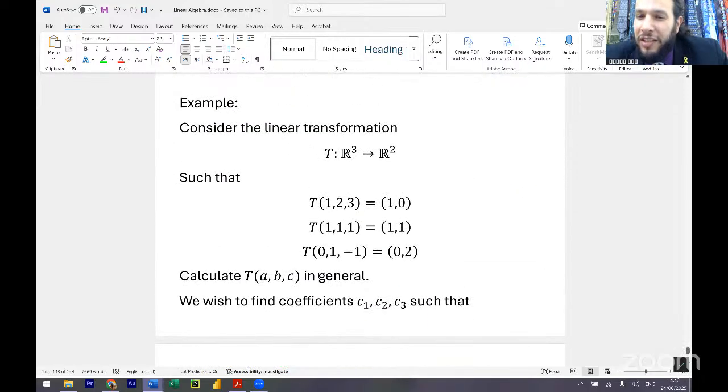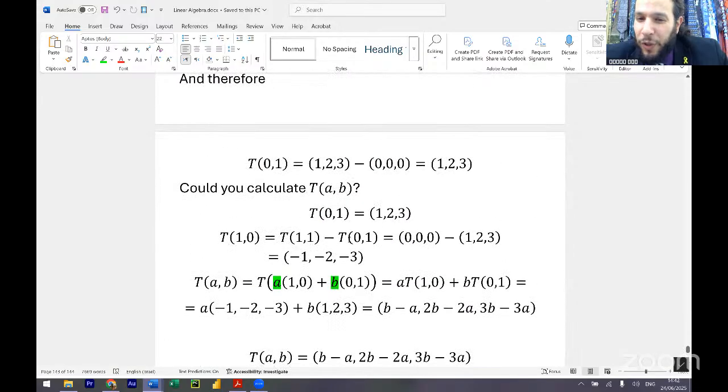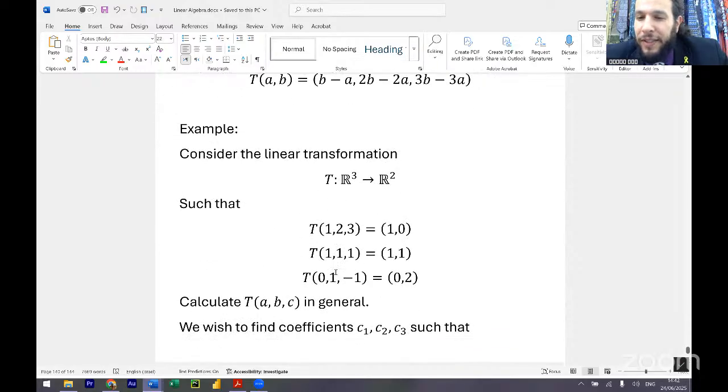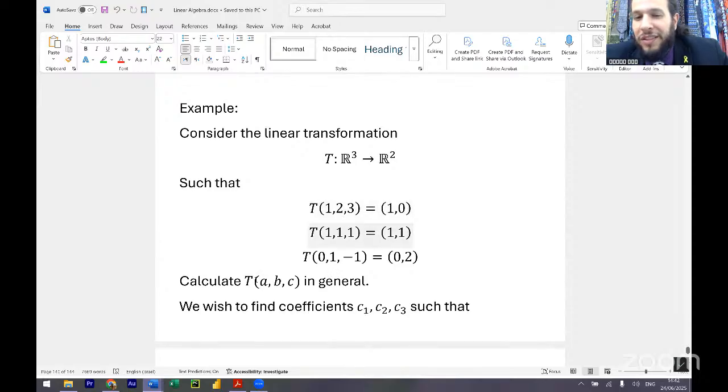That's why I start with the easy questions where A and B could be found easily. But in general, to get to ABC using 1, 2, 3, 1, 1, 1, and 0, 1, minus 1, it takes ugly numbers, okay?